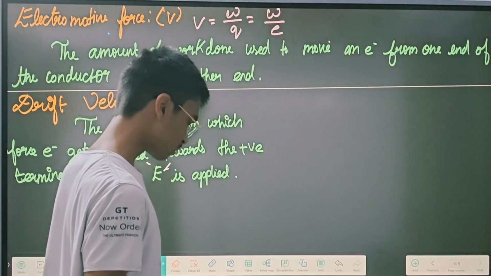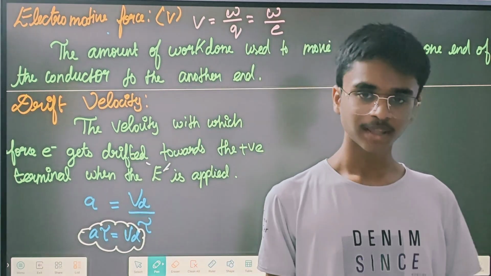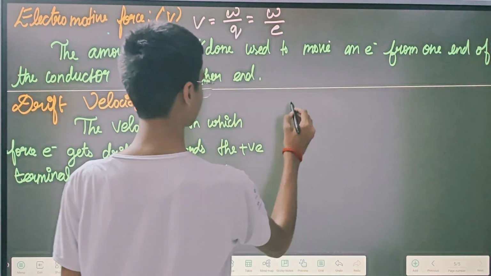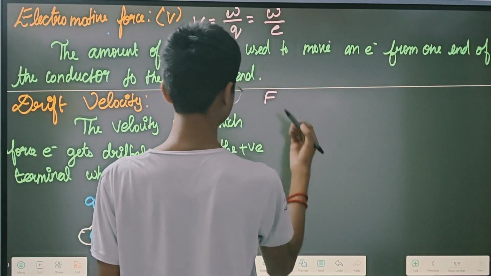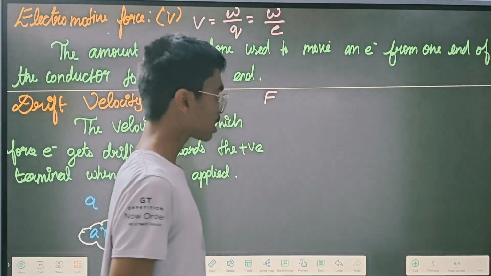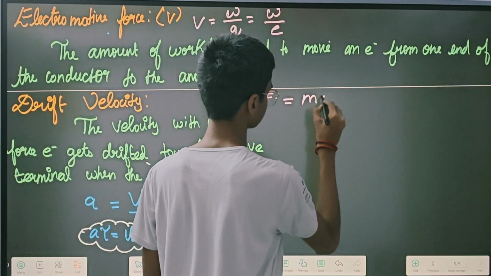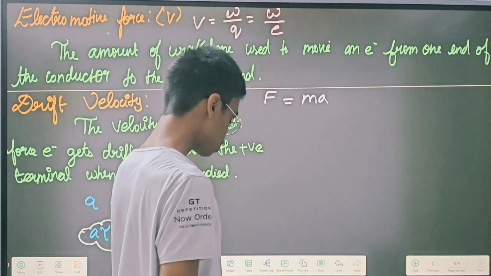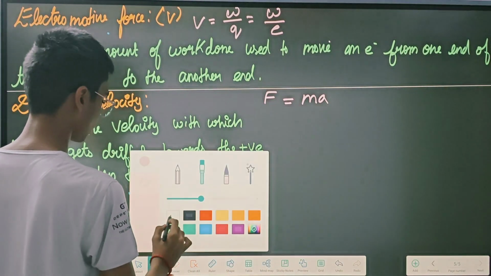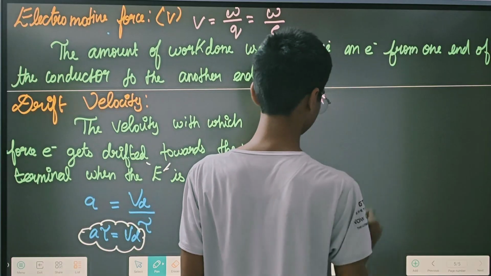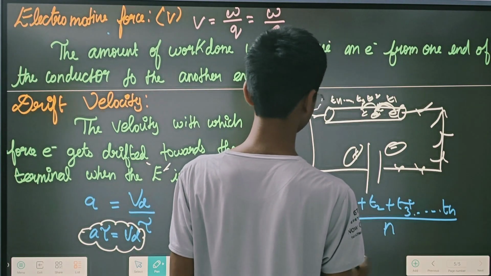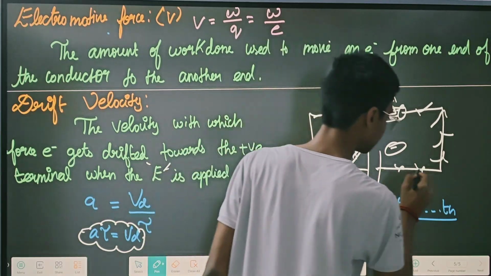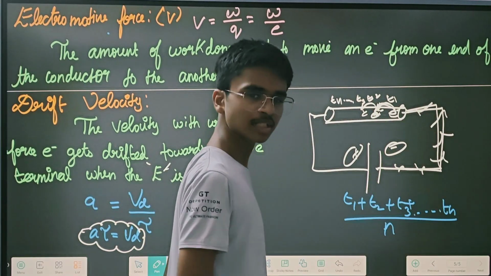Okay, so we know that force is equal to mass into acceleration, right? So what force is actually there? See, from here to here to here, there will be some force exerted.